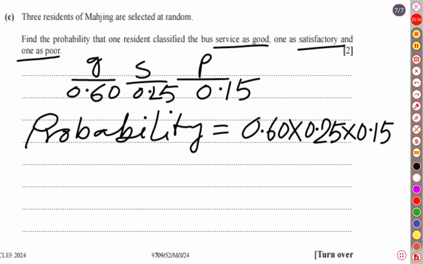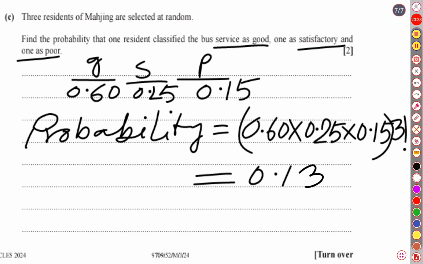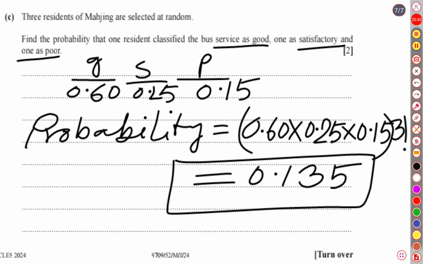We don't know who particularly categorized which category. That's why we will have to arrange this as 3 factorial. If we multiply by 3 factorial, which is 6, it is going to be 0.60 into 0.25 into 0.15 into 6. That means it's 0.135. So that's the final answer of this question. Thank you all.